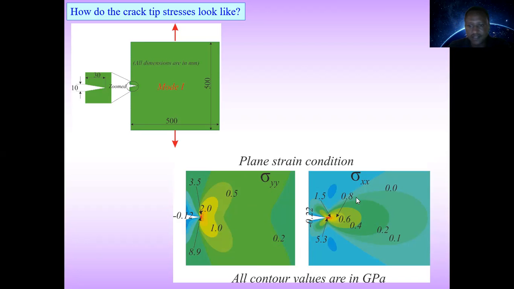Here also we can see sigma xx. In sigma xx also, near the crack tip it is 5.3 gigapascal, then around here 1.5 gigapascal, 0.8, 0.6, 0.4, 0.2, 0.1, and 0. So this is the stress distribution in plane stress condition.